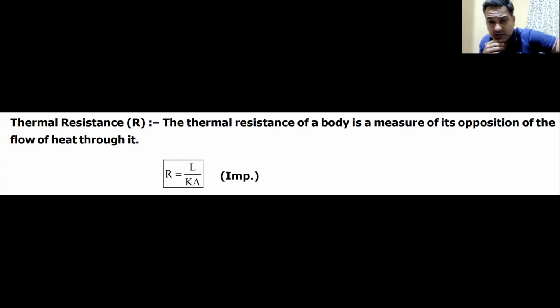Thermal resistance RTH, I call it RTH so that I don't confuse it. Thermal resistance RTH is the measure of the opposition of the rate of heat flow or heat current. Electrical resistance is the measurement of opposition of flow of electric current. This is the measurement of opposition of flow of heat current, and it is given by L divided by Ka.